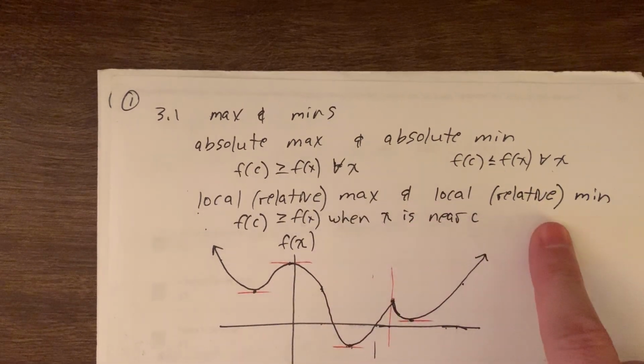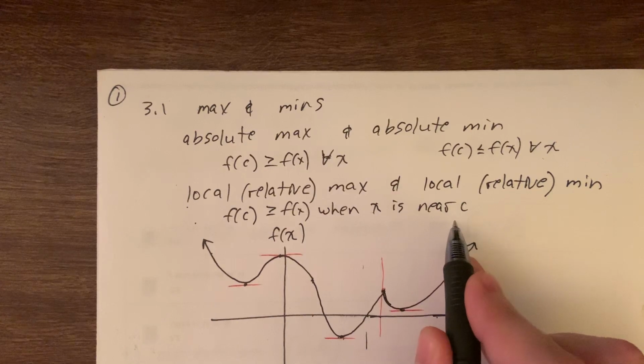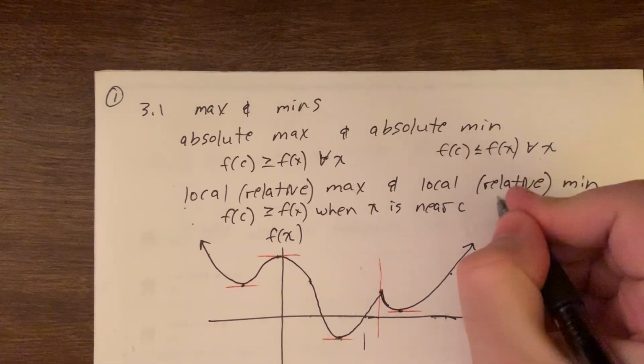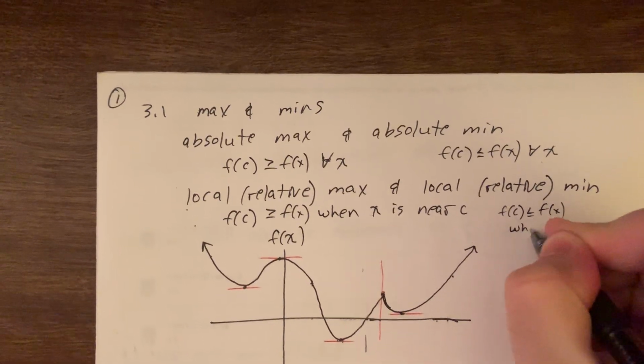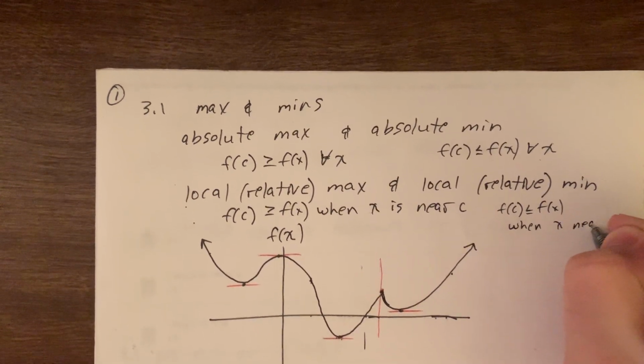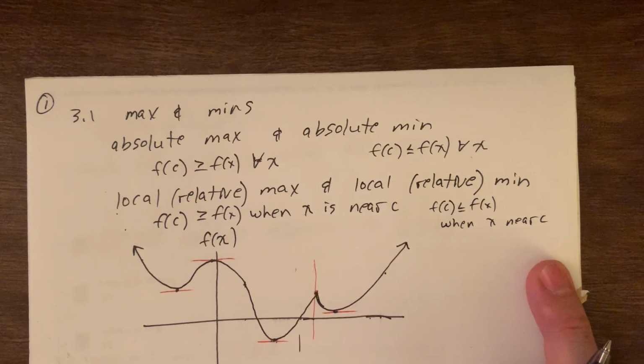What can we say about local max and mins? The idea of being the biggest y near c, or for a min, that would be f of c less than or equal to f of x when x is near c. That idea of being near, again, really just focuses on being left and right.